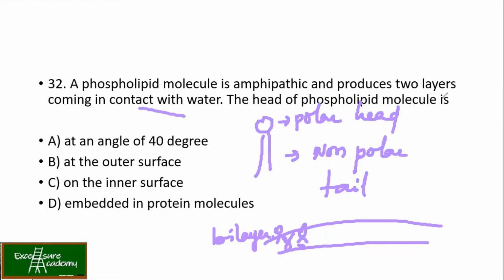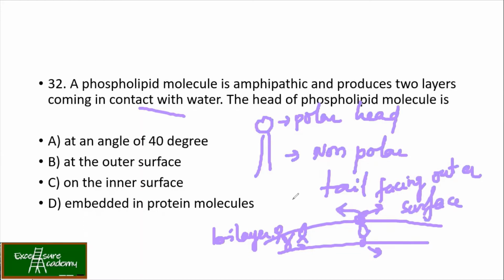The head of the phospholipid molecule, if you see the diagram over here, the polar head regions are always facing outwards, at the outer surface, because they are polar and come in contact with the extracellular fluid or water wherever the organism is present. So here the answer is the polar head of the phospholipid molecule is present at the outer surface of the plasma membrane.